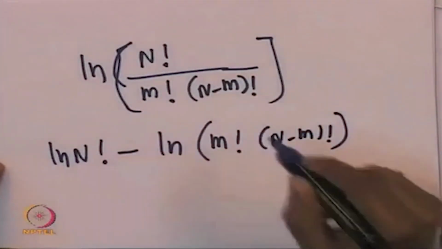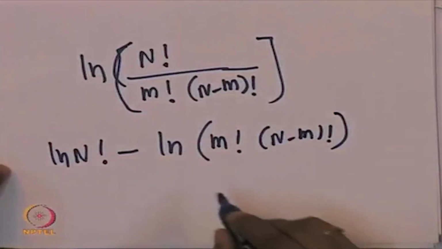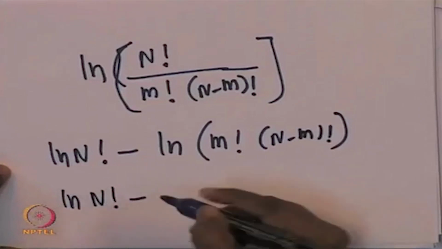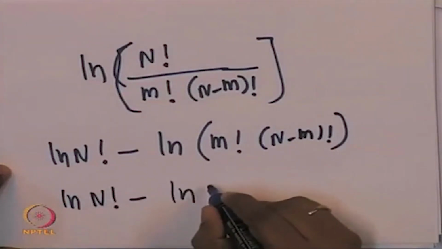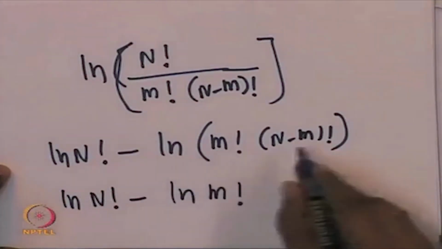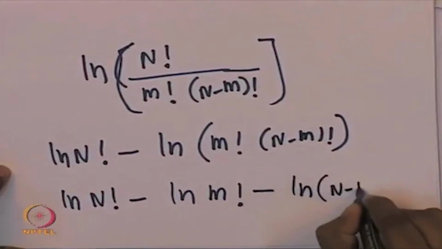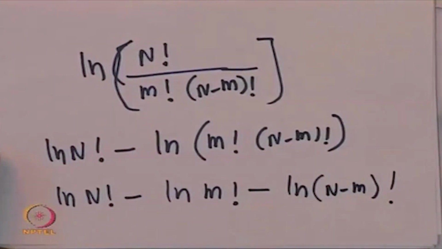Log A by B is log A minus log B. Now, this is nothing but log n factorial minus log of m factorial. Log A into B is log A plus log B. So, plus log n minus m factorial. So, we can rewrite this.